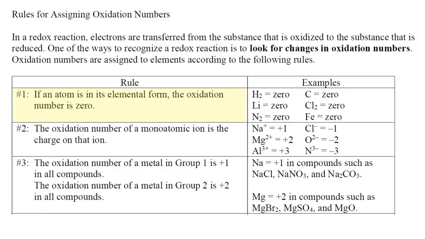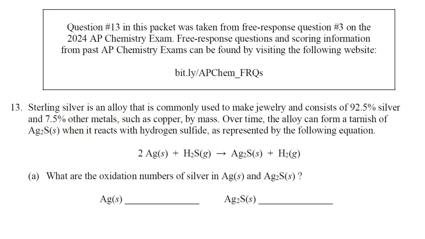So the first rule says that if an atom is in its elemental form, such as hydrogen, lithium, nitrogen, carbon, chlorine, iron, and it's not part of a compound and there's no charge on the ion, then the oxidation number is 0. So that's what we can see on the left side of the answers for part A, that silver solid is not part of a compound and there's no charge on that ion, so the oxidation state of silver in its elemental state is 0.